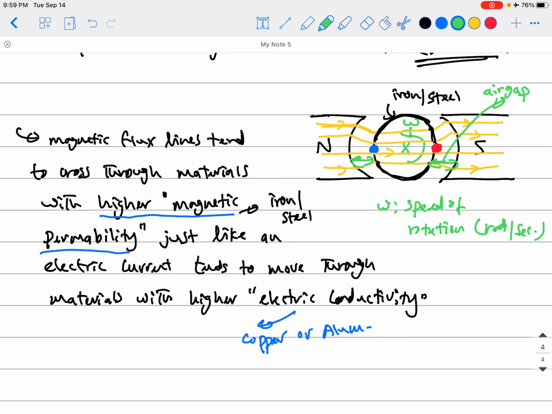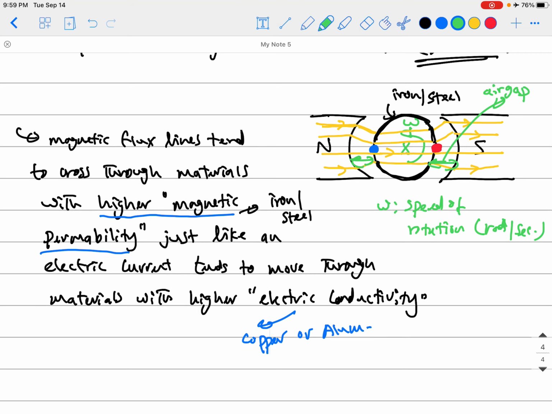I didn't tell you why. Now I'm telling you, we reduce it as much as we can because the magnetic field likes to move into iron rather than into air. The air is not a magnetic material. It does not have high magnetic permeability.